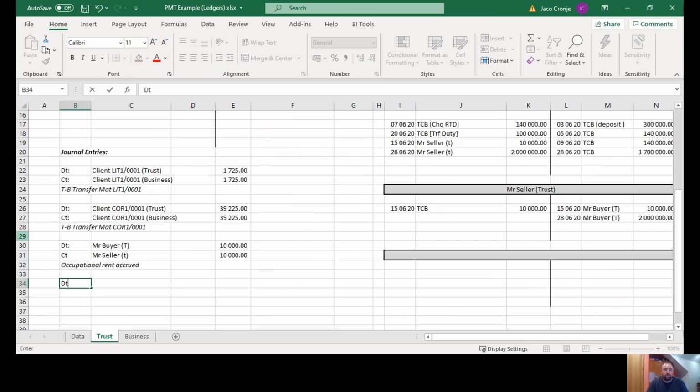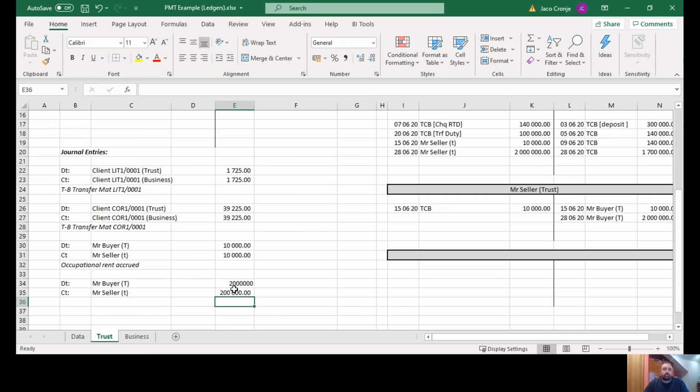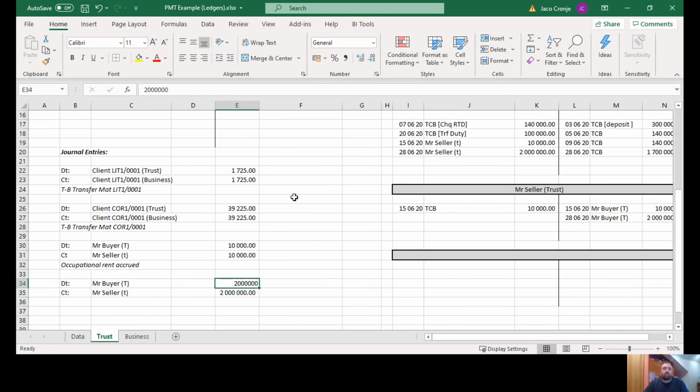We go here: debit Mr. Buyer Trust, 2 million rand, and we credit Mr. Seller Trust, 2 million rand. And also property registered. Okay, so do you understand?